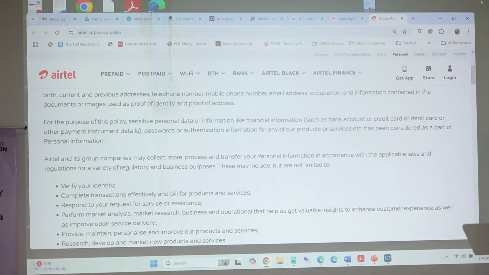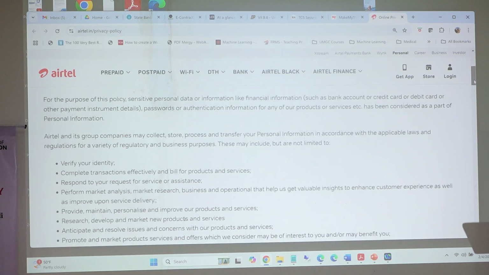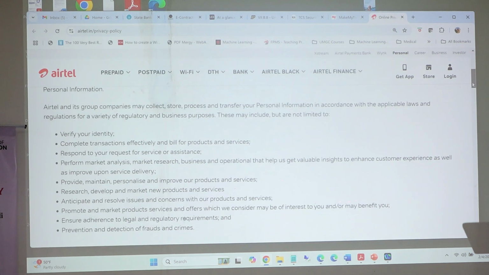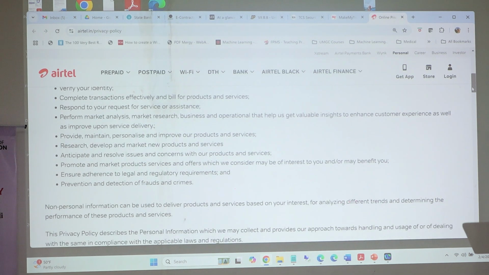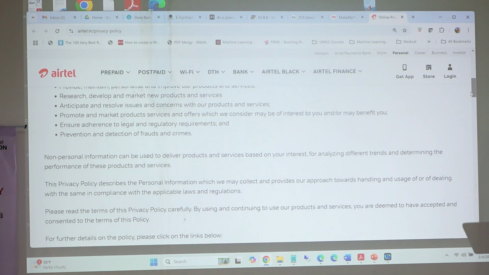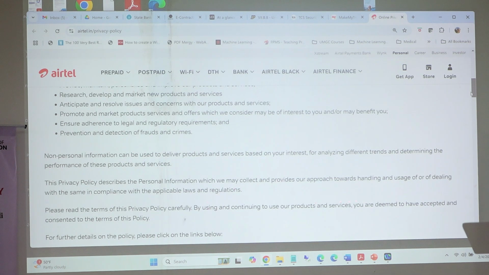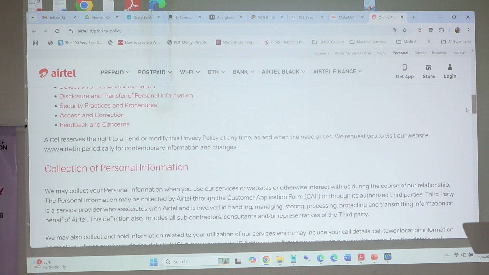And they may be giving this information to marketing as well. I don't understand why they have to, because marketing should be done without people's names and things like this. It should be anonymized. But at least they're accepting that they're giving this information. Now they're saying how they're collecting personal information.